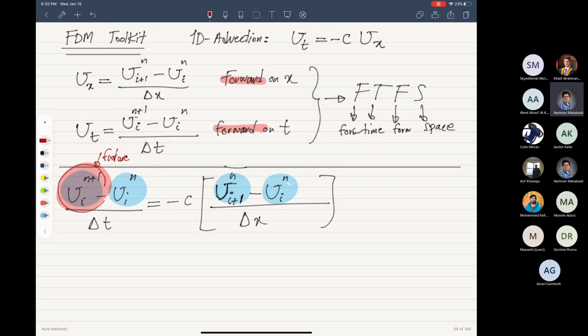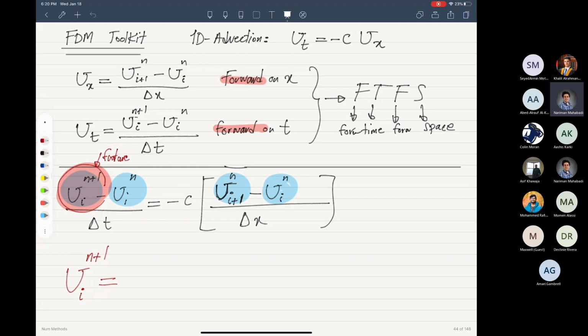So now let's try to rewrite everything for these future things, right? I'm trying to write everything for my unknown function at the next time step, which I'm trying to predict, and rewrite everything in terms of this one.